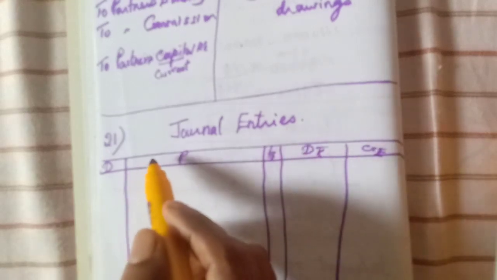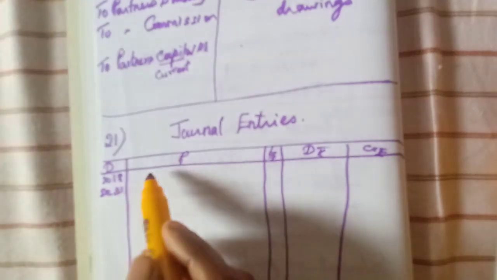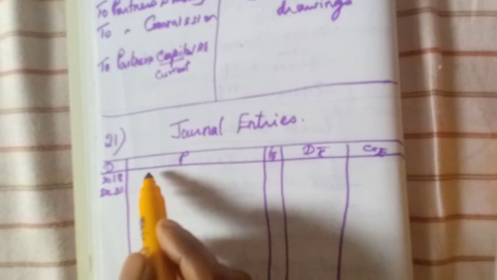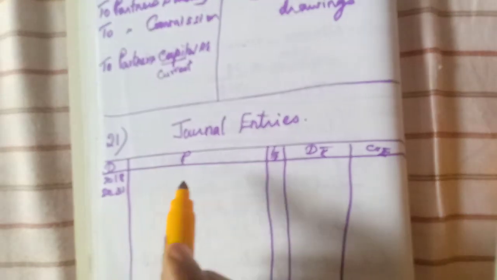Now date, what is given there? 1st January 2018. The last line, ending 31st December 2018. So 2018 December 31. First entry, what is the first adjustment? Interest on capital is to be allowed at 5% per annum. So interest on capital is what? It is an expense.